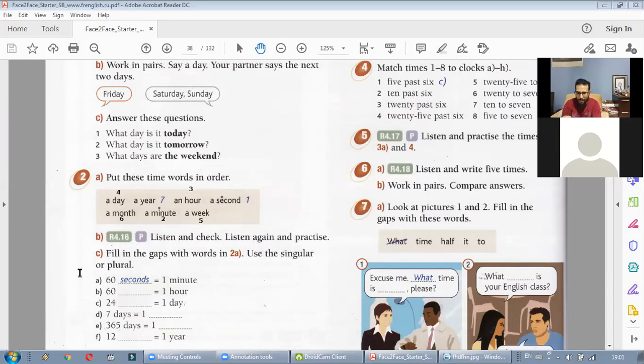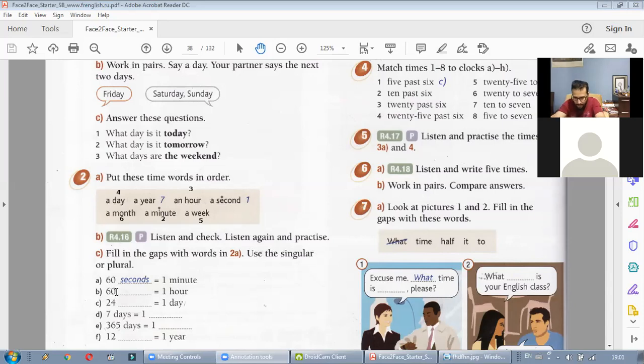All right. In part C, it says fill in the gaps with the words. So we want to use the words in the box here to complete the gaps. So 60 seconds, of course, makes a minute. How many minutes makes 1 hour? 60 minutes, 1 hour. Right.